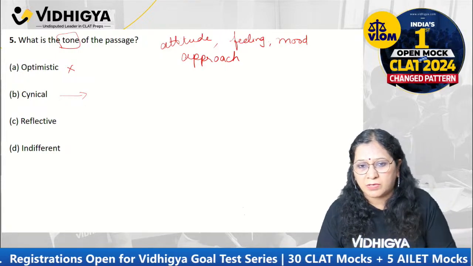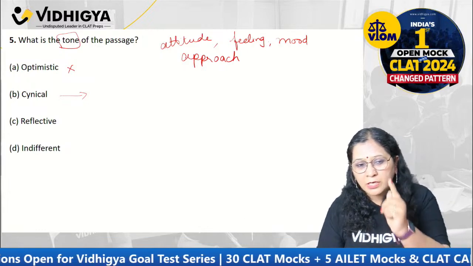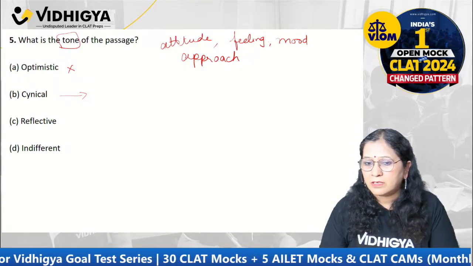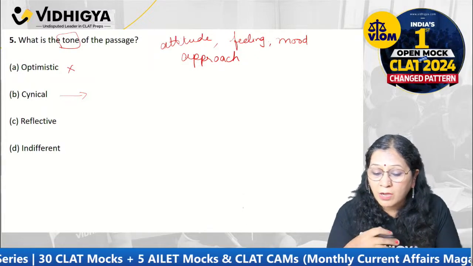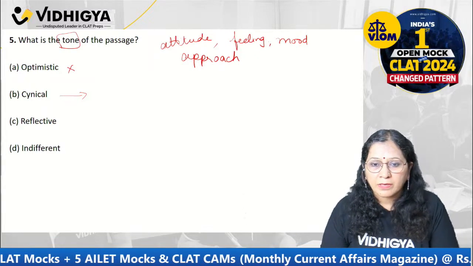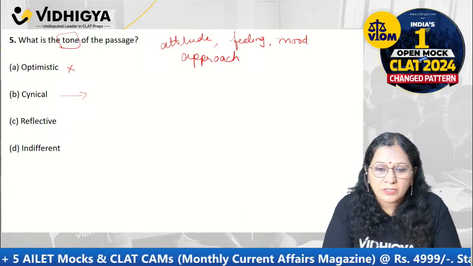He is not cynical about it, right? Cynical means how can he be so good to us, how can he be so good. When our thoughts are like that, how can this be so good? Right? So we do not believe in the selfless nature of the other person.